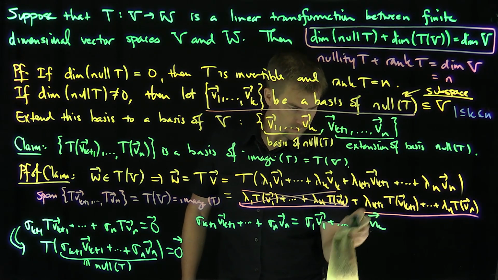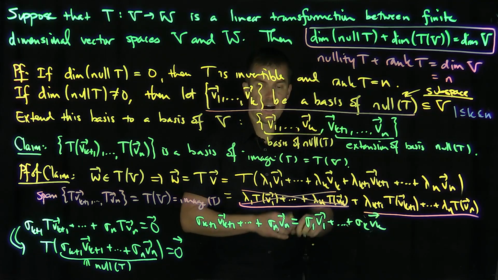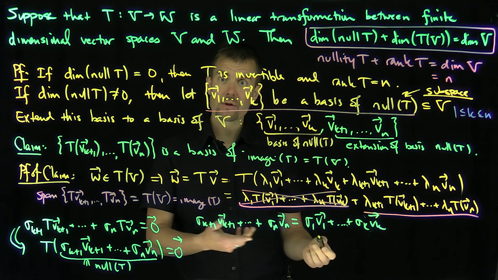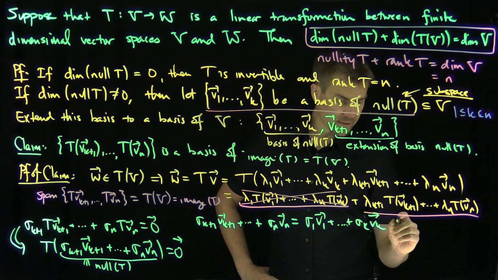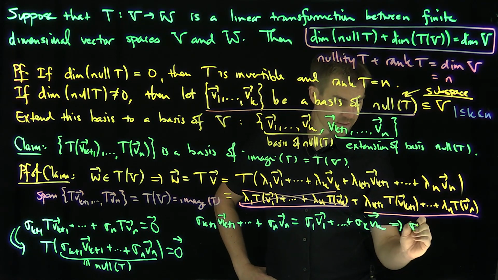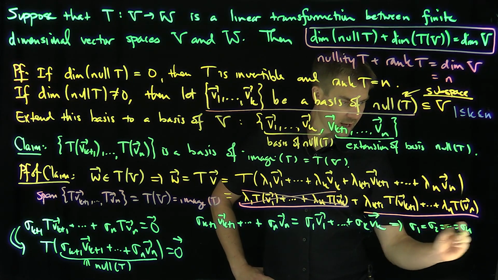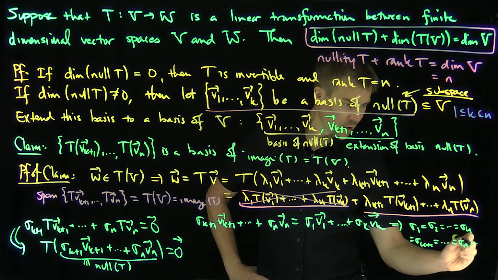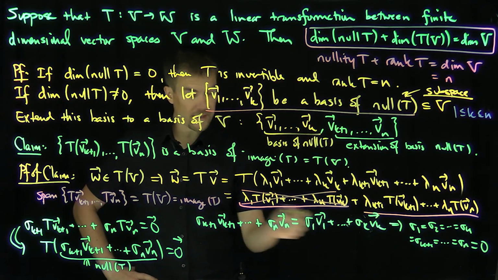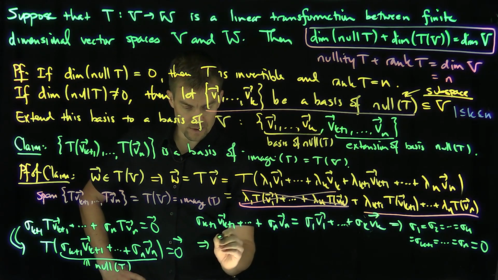There we go. Plus sigma_k v_k. And now I have a non-trivial combination of v_1 through v_n, which is a basis for the space. And since this is a basis, this implies that sigma_1 is equal to sigma_2 is equal to sigma_k is equal to sigma_{k+1} is equal to sigma_n, and they're all equal to 0. Since that set forms a basis, and now I have a combination of them equal to 0, right? And so that implies that this set is linearly independent.